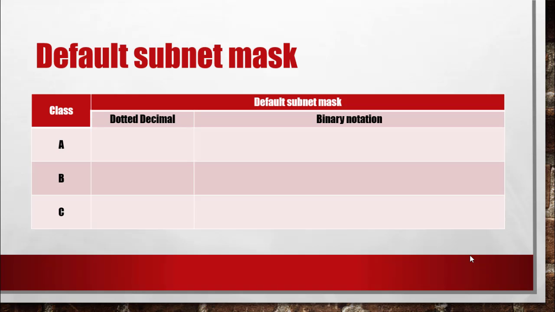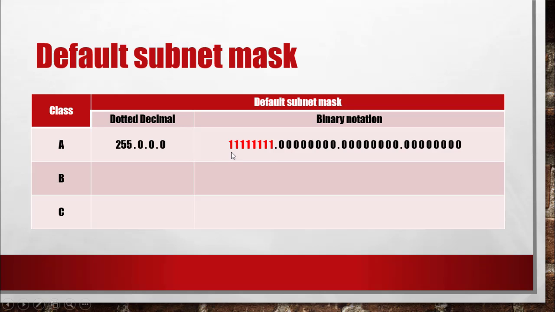Now for classes A, B and C, we can represent the subnet mask either in dotted decimal representation or binary notation representation. For dotted decimal for class A, it will be 255.0.0.0, which is going to tell me that the first octet is going to be all ones and the rest will be zeros.